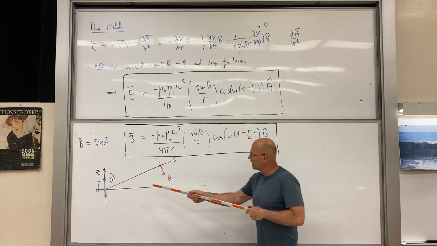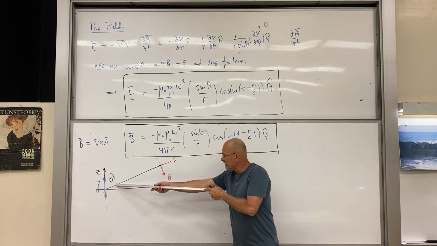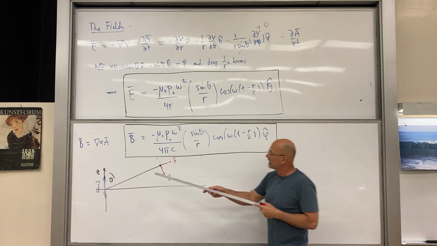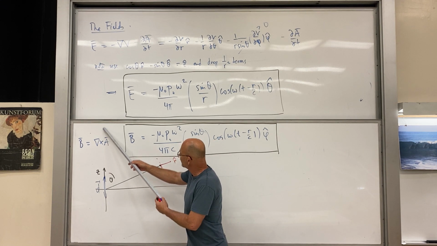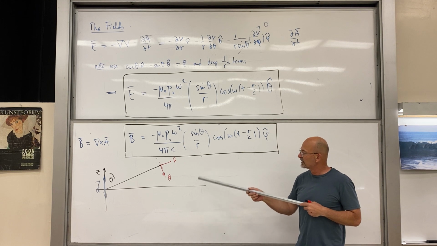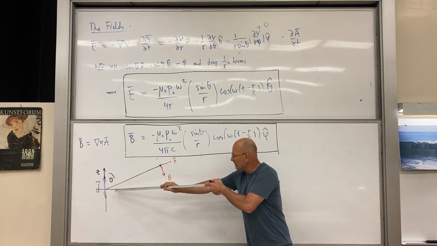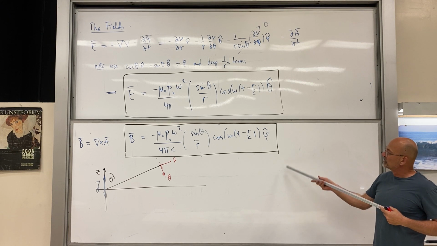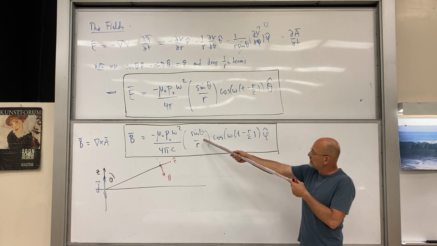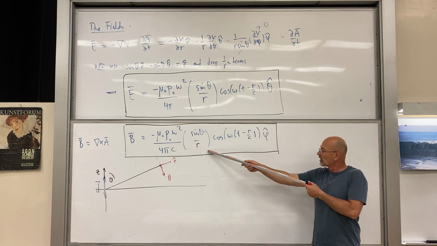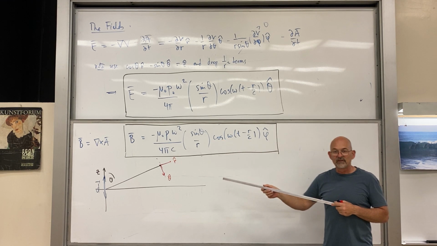And the greatest power and field strength is going to be 90 degrees to that. So in the theta equals 0 and pi directions, we're getting exactly 0 field strength. And in the theta equals pi over 2, we're getting the strongest field strength. So if you look at theta equals pi over 2, you've just got a 1 right here. You've got this cosine over r, which we recognize, right?